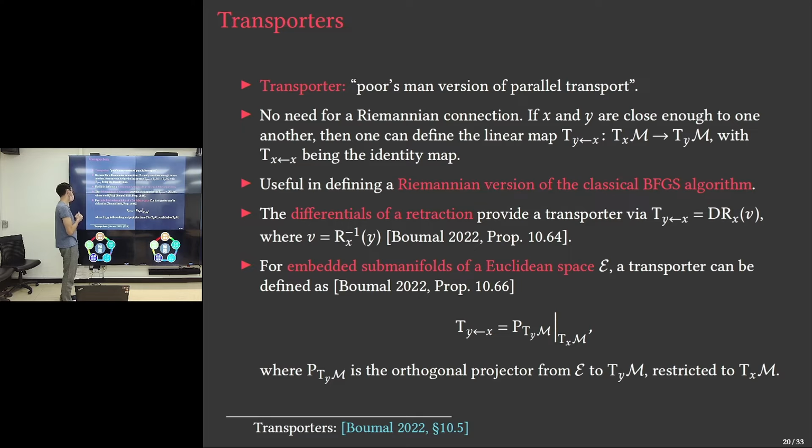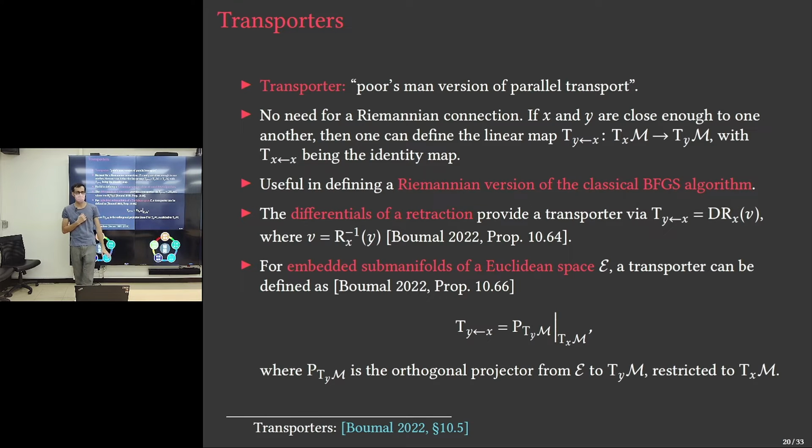But let's just say that for us, maybe we are more interested in the implementation, and we are more interested in embedded submanifolds of Euclidean space. The transporter, at the end of the day, is just an orthogonal projection on the tangent space, okay?